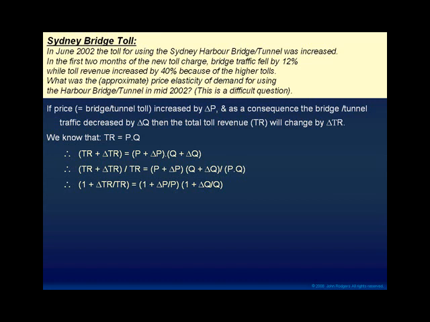Now, delta TR on TR is the proportional change in total revenue. Delta P on P is the proportional change in price, and delta Q on Q is the proportional change in quantity.